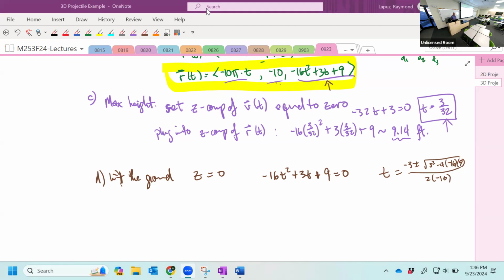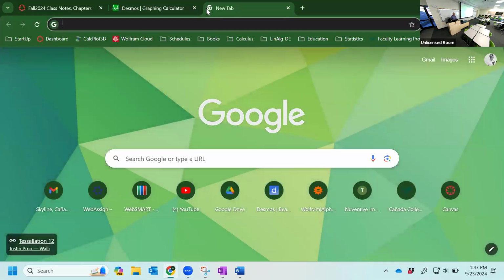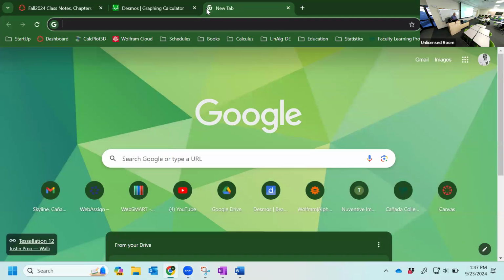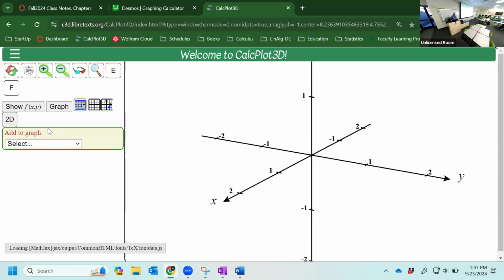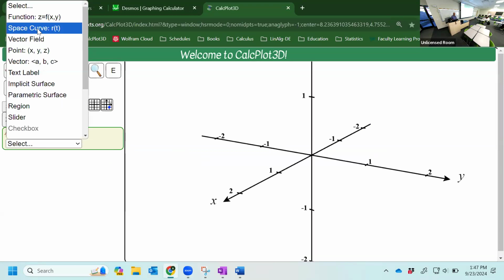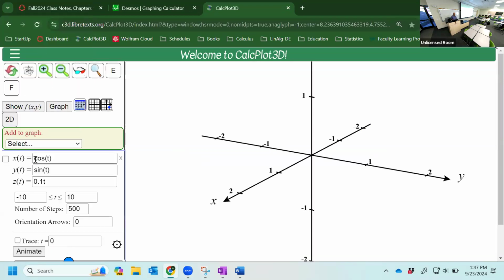Anyways, plot 3D. We need a couple of space curves. One of them is 10 cosine pi times t, 10 sine pi times t, and 3t.